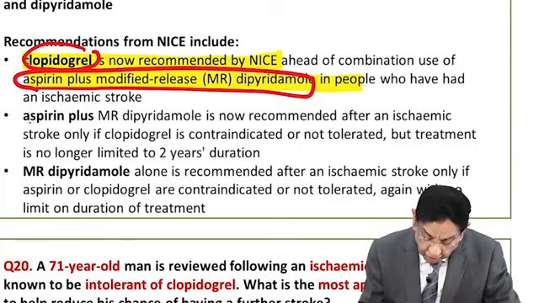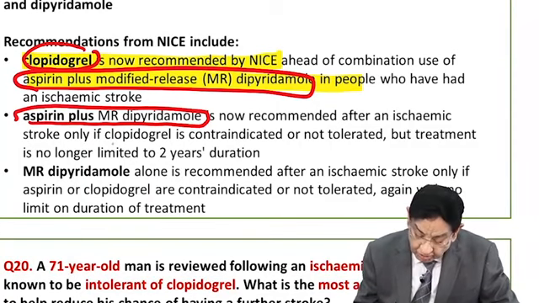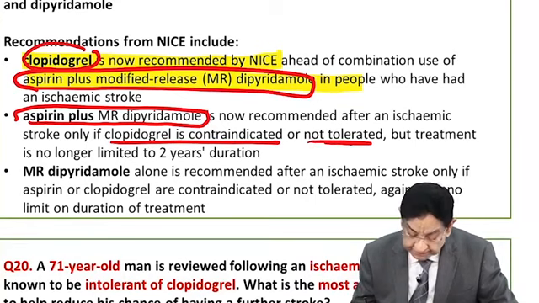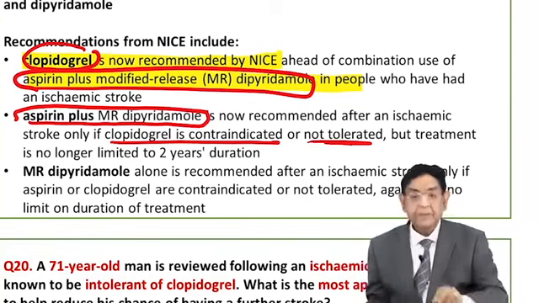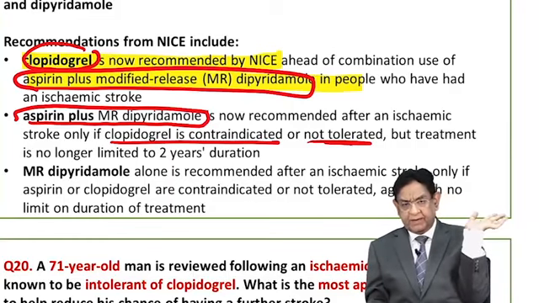Point number 2. You will give a combination of aspirin and dipyridamole if clopidogrel is contraindicated or not tolerated. Point to note: first thing is clopidogrel.